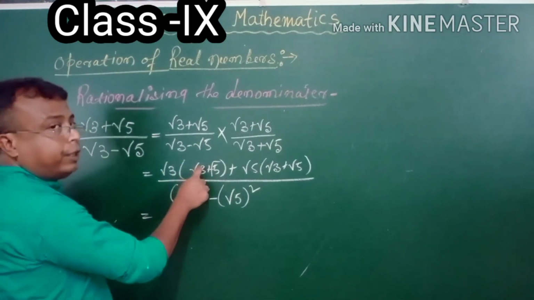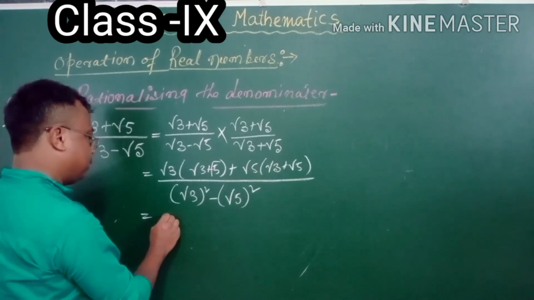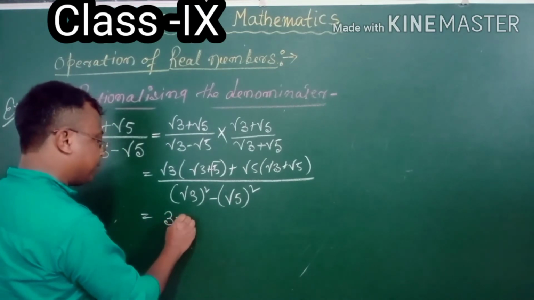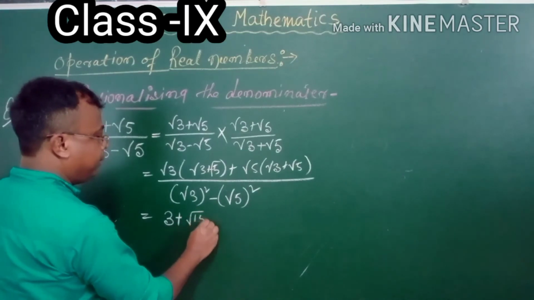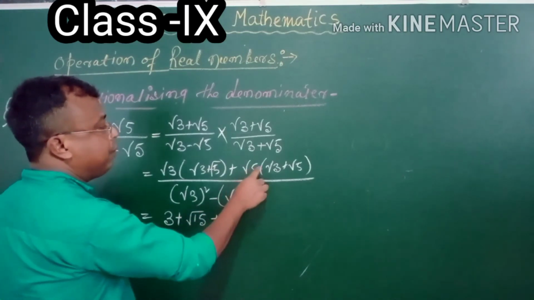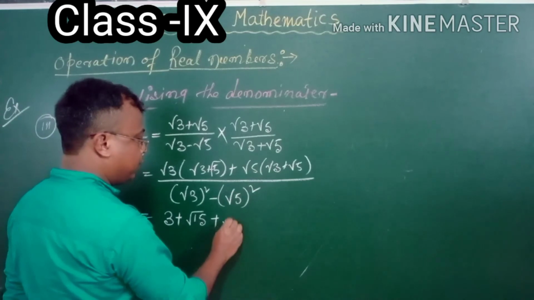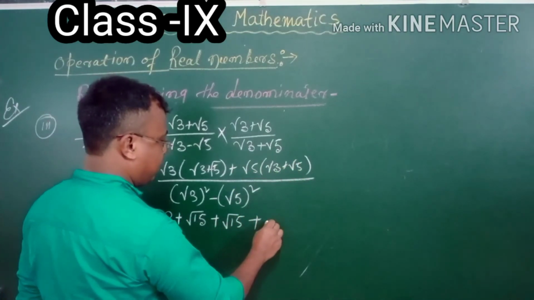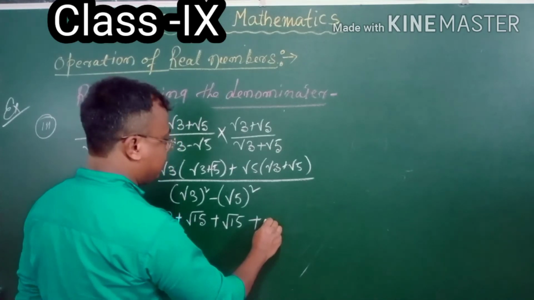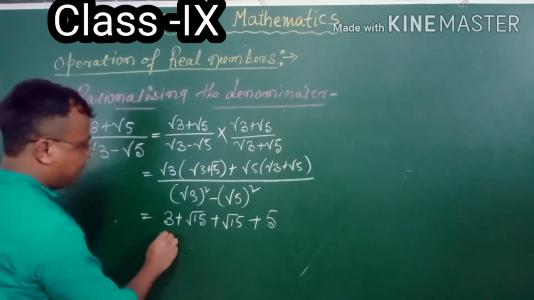Root 3 into root 3. Yes. Root 3 into root 3, 3 plus root 3 into root 5, root 15 plus root 5 into root 3, what? Root 15 plus root 5 into root 5, root 5 into root 5. Yes, 5. Correct?